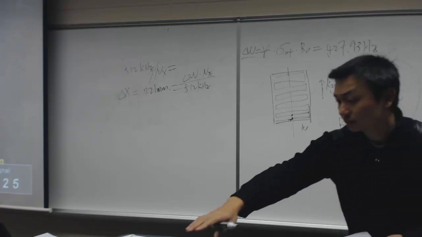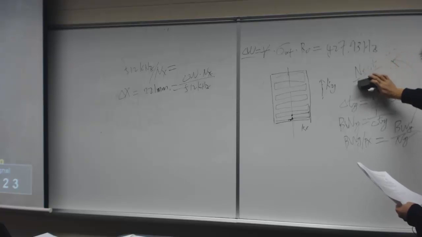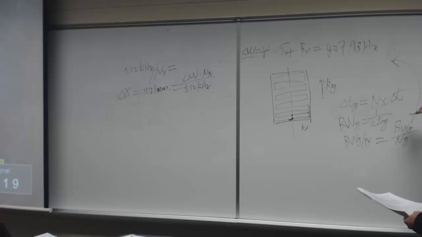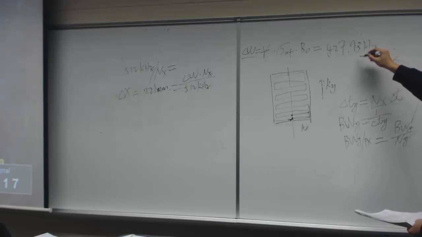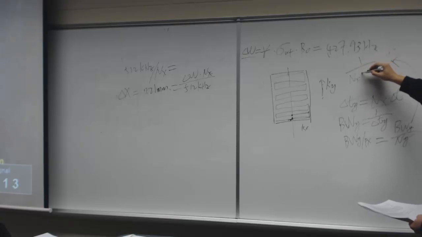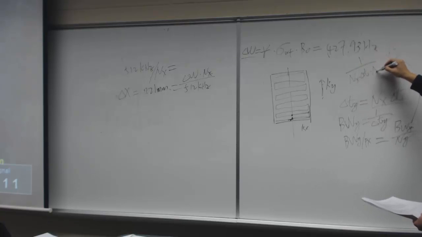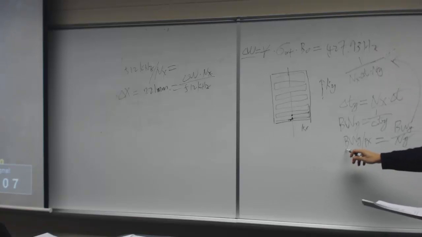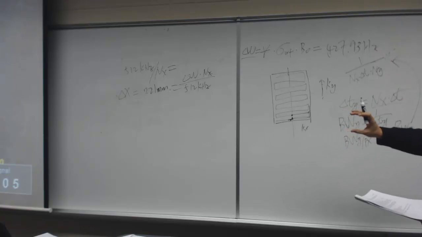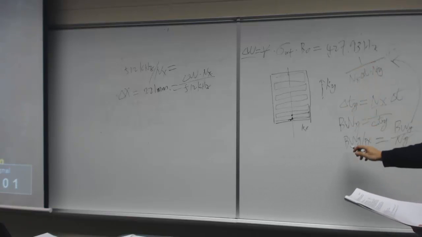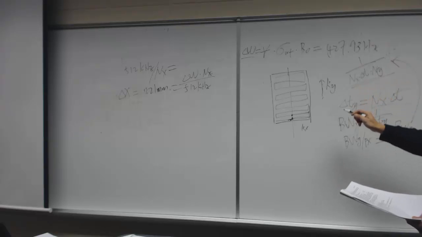Sorry, bandwidth per pixel is 1 over Nx delta t and Ny. Right. So the bandwidth for each voxel along the k-space is this one.